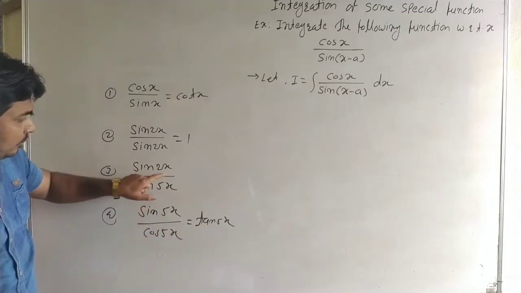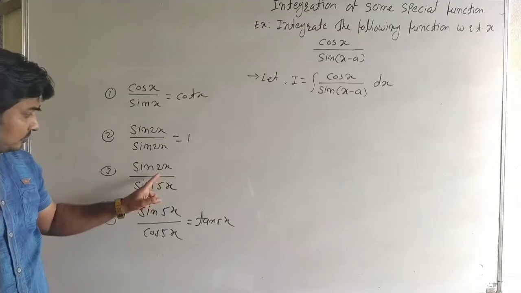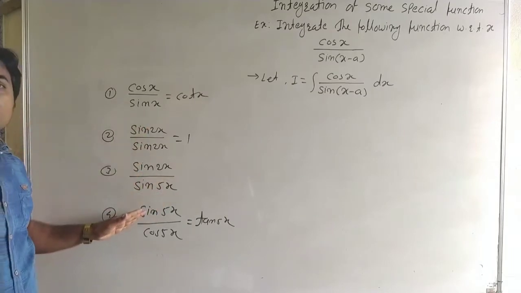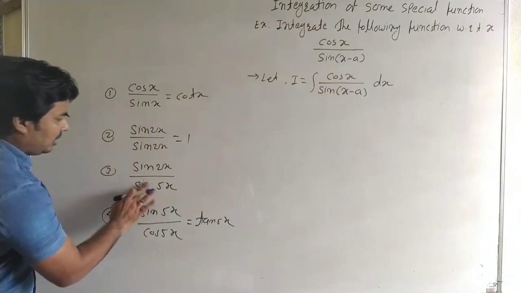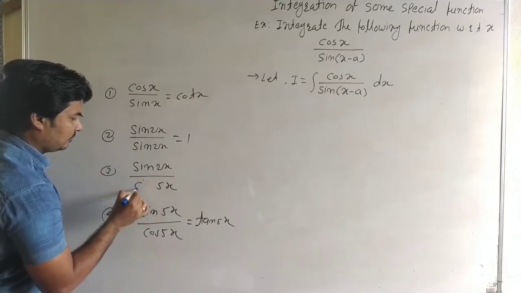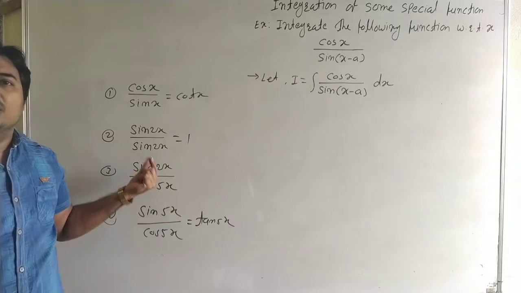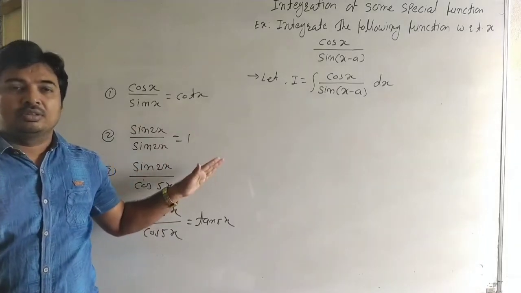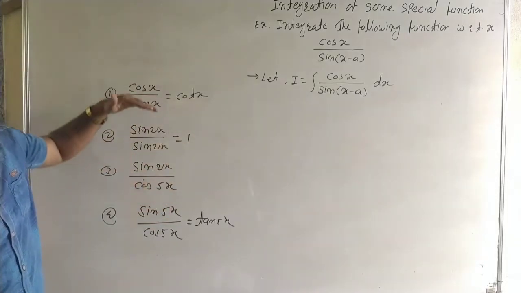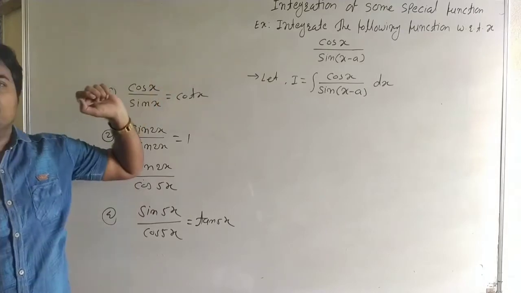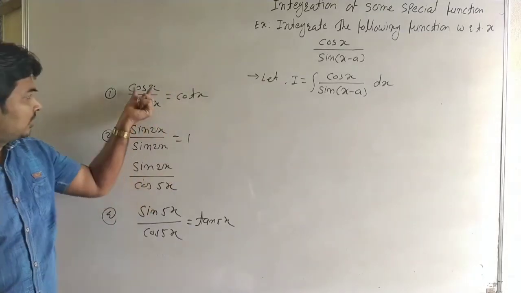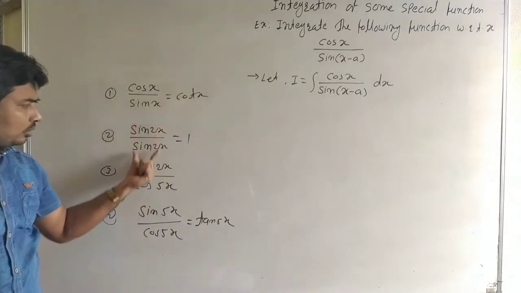But here sin 2x upon sin 5x, the angle is not the same, so we cannot cancel sin. Or here it is cos x, cos 5x, there also it cannot be calculated. To calculate the trigonometric function, we need the angles in the numerator and denominator to be the same, then we calculate the trigonometric ratio or both cancel.